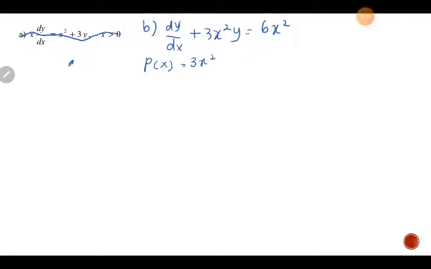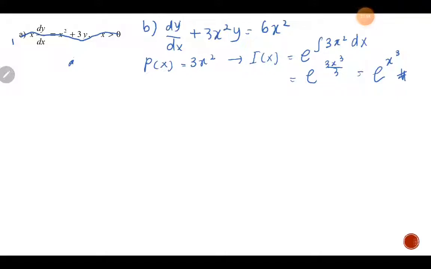So straight away move to find the integrating factor. So e to the power of integration 3x square with respect to dx. So what you will get is e to power of 3x cube per 3. So your integrating factor is e to power of x power of 3.